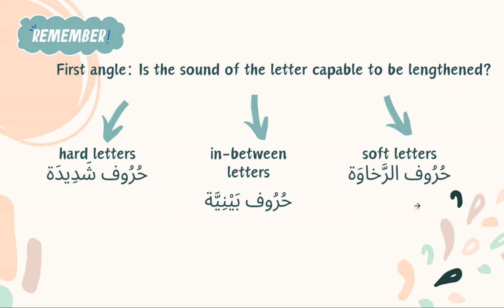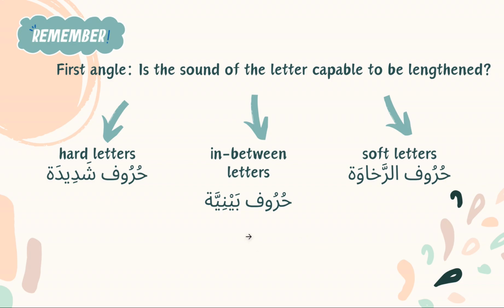On the contrary, there are other letters where the makhraj, the articulation area, the exit points, don't close. So they allow the sound of the letters and the air to run through. And these letters are called huruf rikhwa.